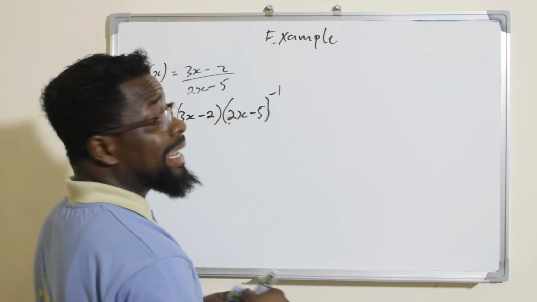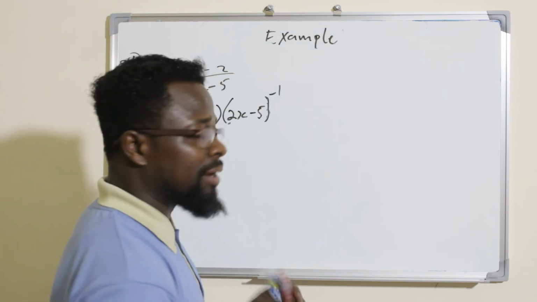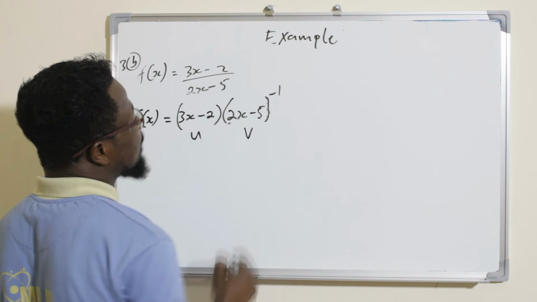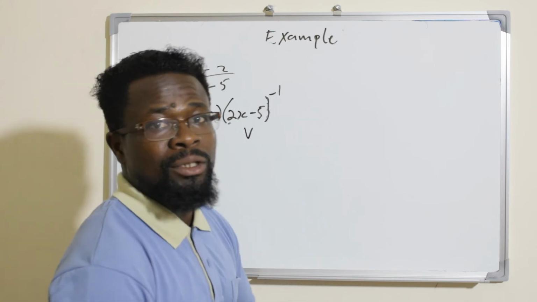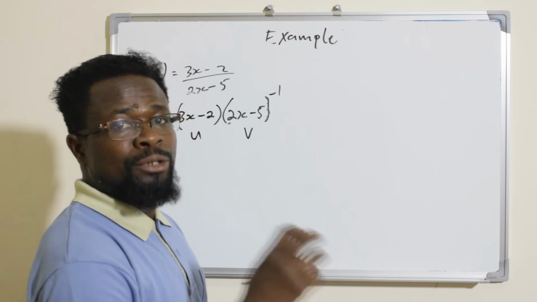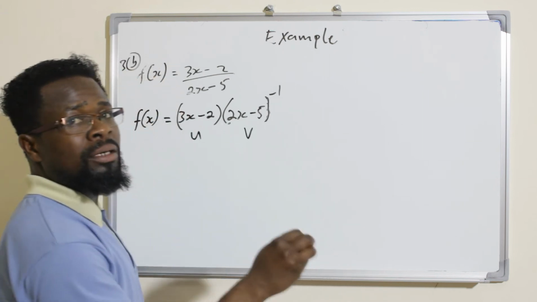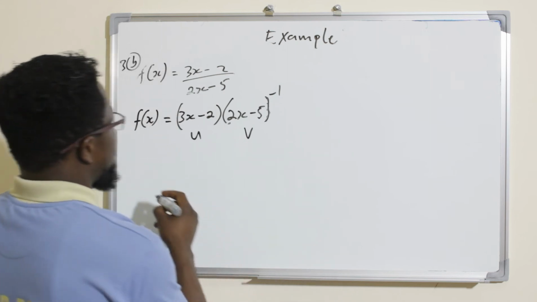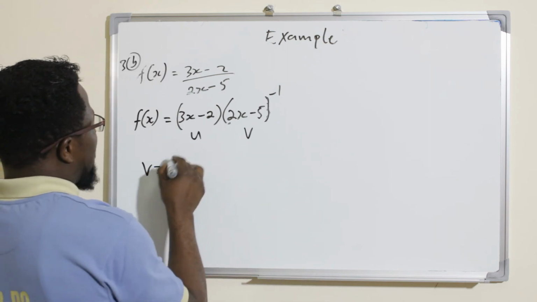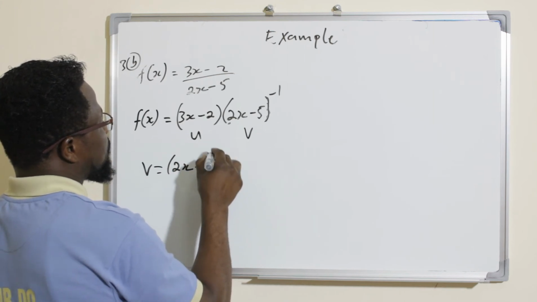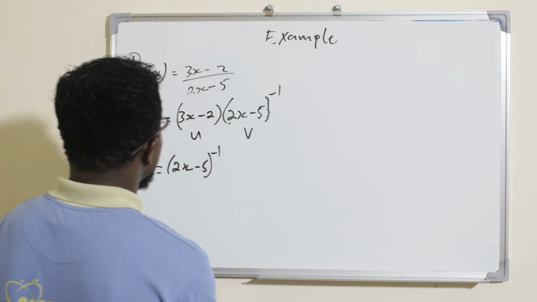So if that is noted, then I will say that this is u and this is my v, because I want to apply the product rule. But before I apply the product rule, I need to take care of the chain rule that I have here. So v is now equals to 2x minus 5 exponent negative 1.